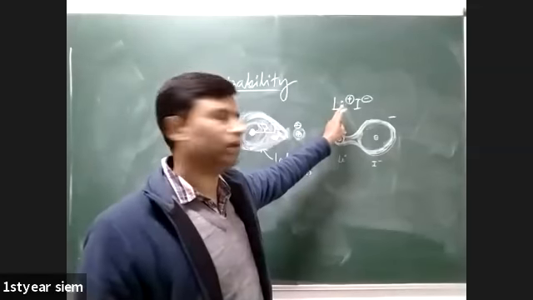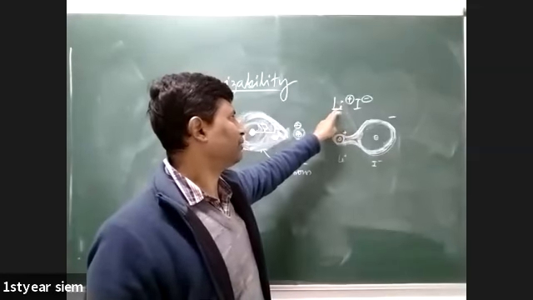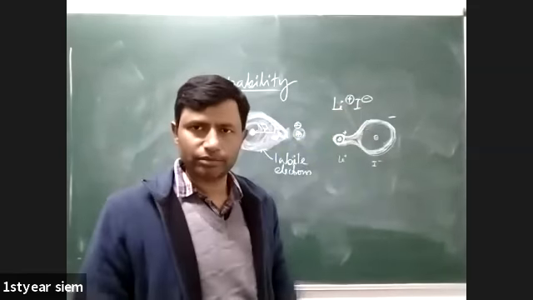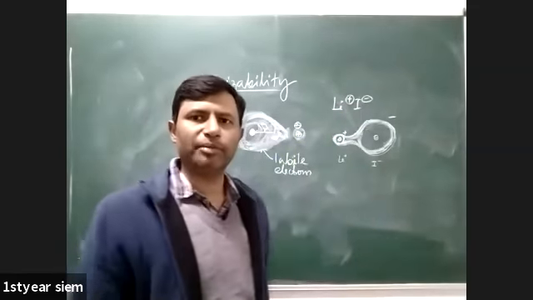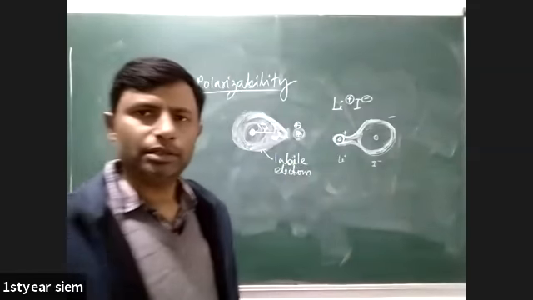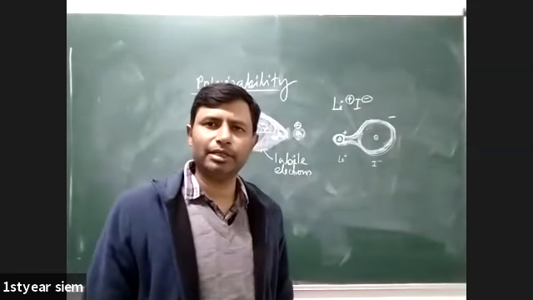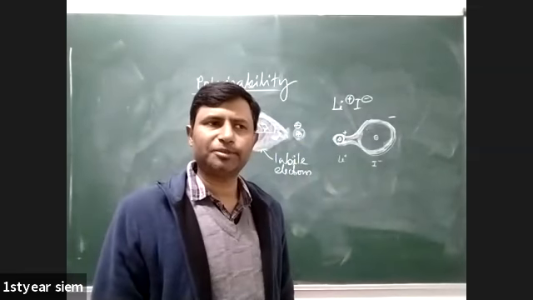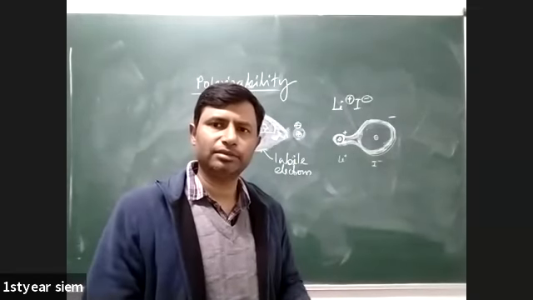In case of an ionic bond, one electron is transferred from here to here, and they form ions. There is a Coulombic attraction between the positively charged ion and the negatively charged ion. That is an ionic bond. In case of a covalent bond, the electron is shared.